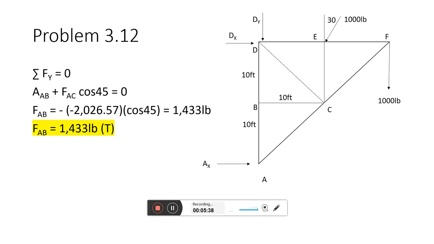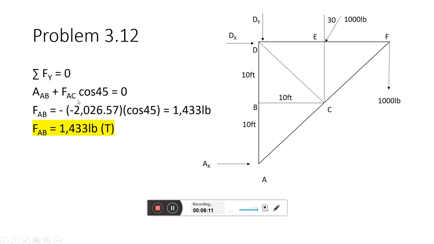So if we want to find AB, which is right here, we have to take the sum of all the y forces. If you isolate at A, which would include FAB and FAC, so you have FAB plus FAC cosine 45 equals 0.